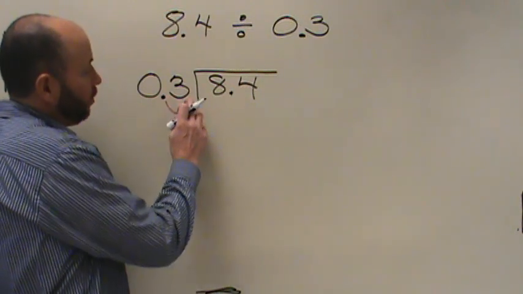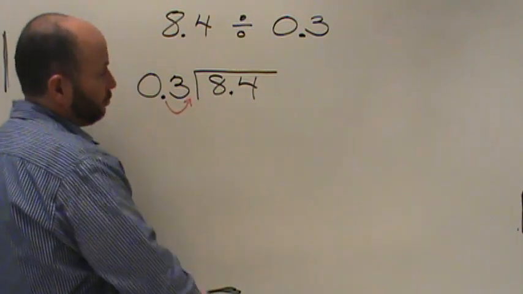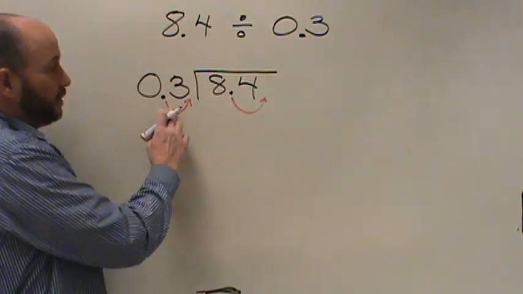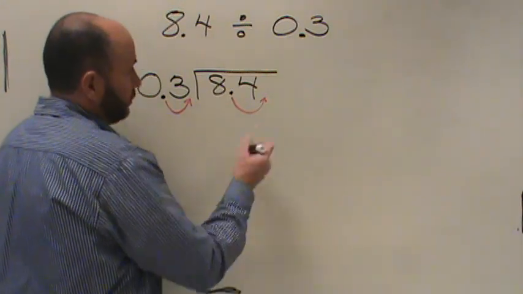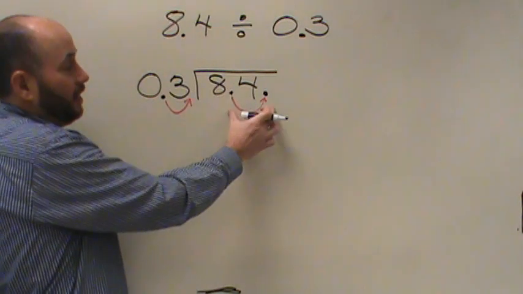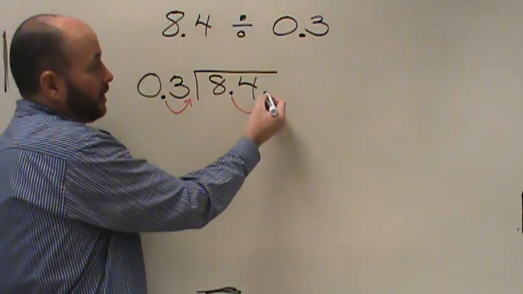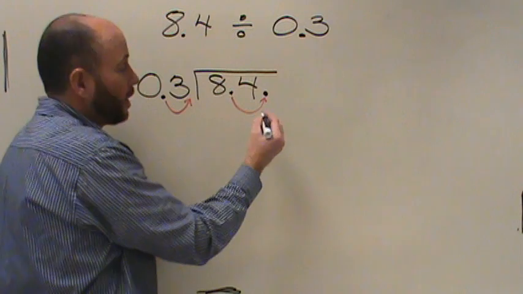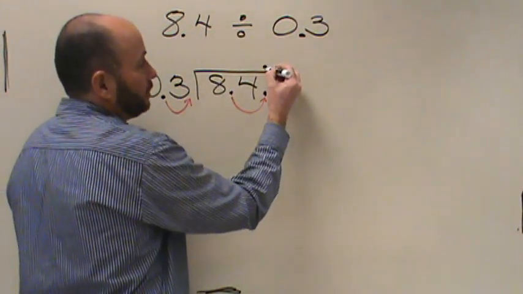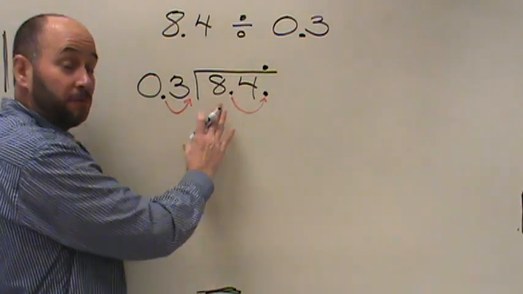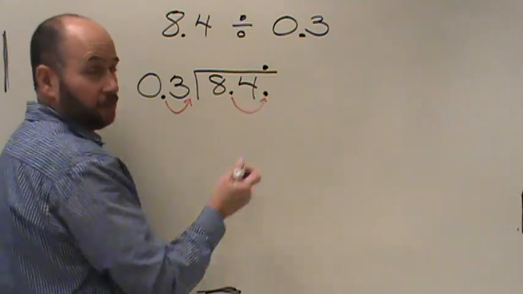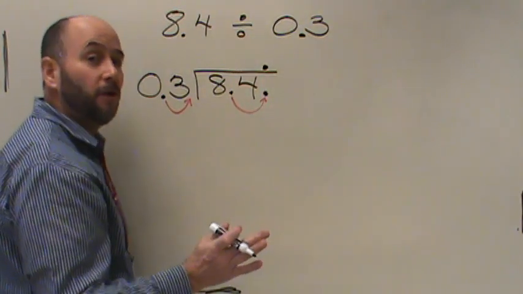You go over one spot, and then you take the decimal point in your dividend and move it over as many places as you moved it here. That creates a new number that you're working with. Your decimal point is now placed correctly, and you can take it up and put it in your quotient. Once you've moved your decimal points appropriately, you can begin doing your division like you normally would.